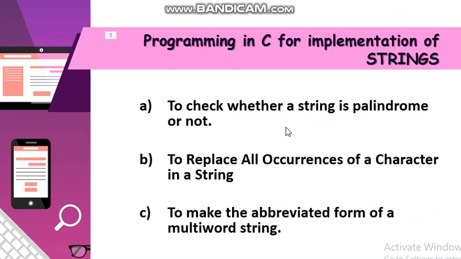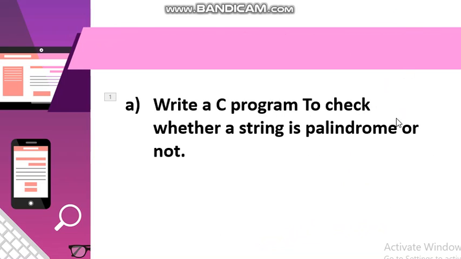In this video, we are going to discuss three problems: to check whether a string is palindrome or not, to replace all occurrences of a character in a string, and to make the abbreviated form of a multi-word string. Now we will discuss the first program: write a C program to check whether a string is palindrome or not.